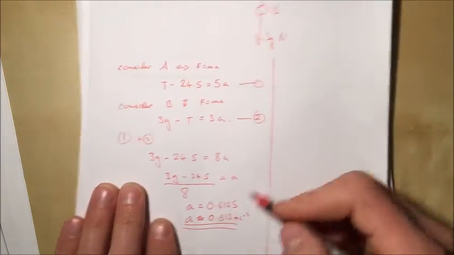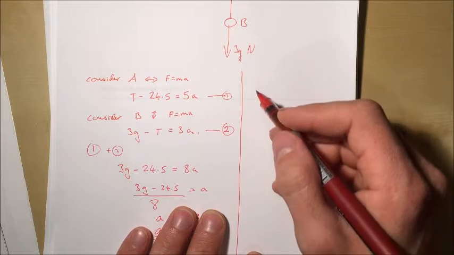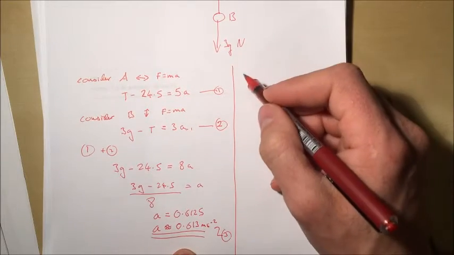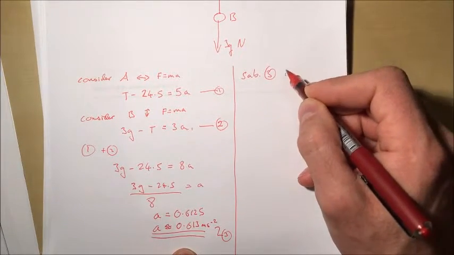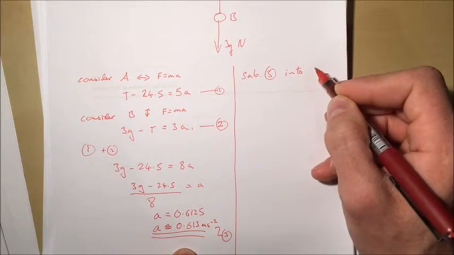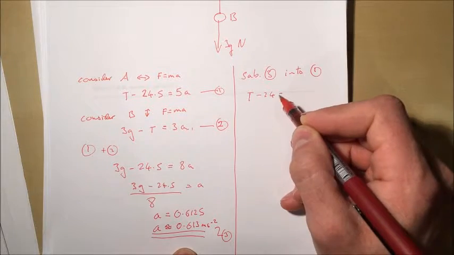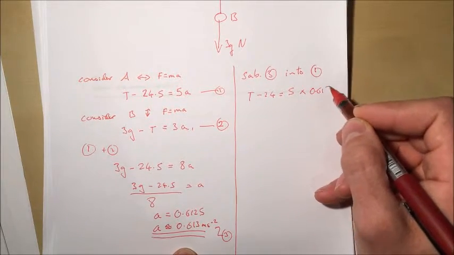Again, you should keep working down the page. I'm just going to squeeze it in here so I can try and get it on one screen a little bit more easily. I'm going to call this one line number 3, and I'm going to substitute line number 3 into, and it doesn't matter if it's equation 1 or 2, I've chosen equation number 1. So we get T minus 24.5 equals 5 times the acceleration, which is 0.613-ish.